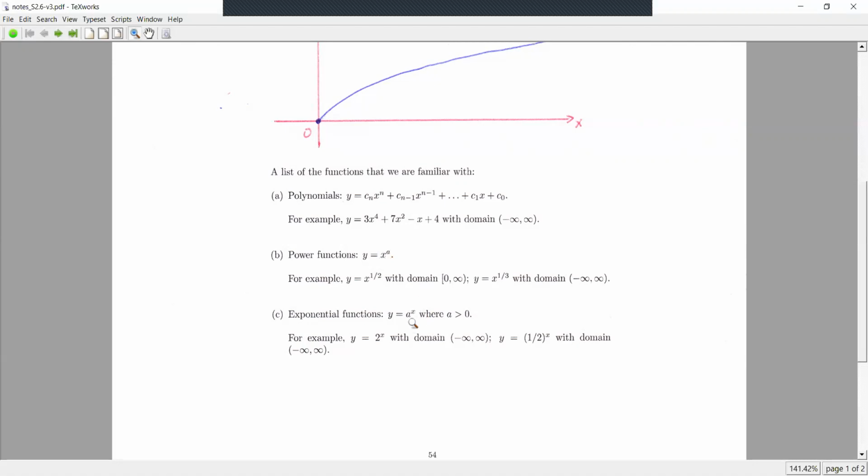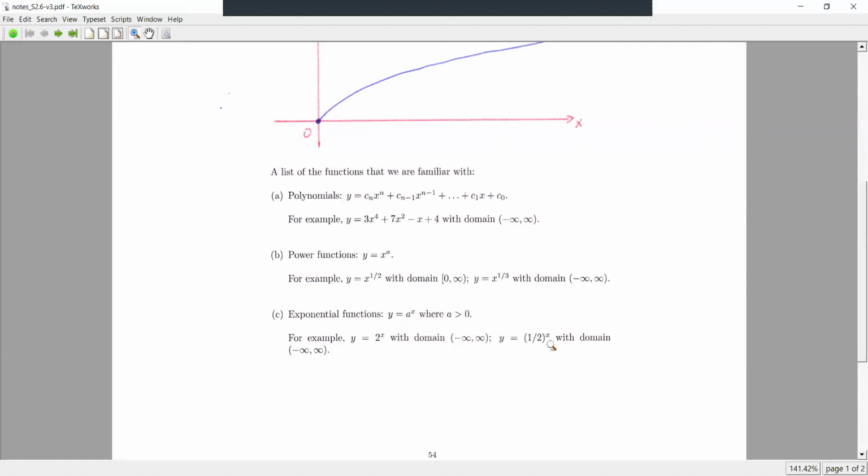Now, in an exponential function, the base is a constant. The power is a variable. Here we assume the base is a positive constant. For example, 2 to x is an exponential function. The domain of this function is any number.